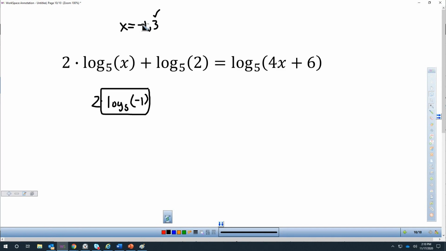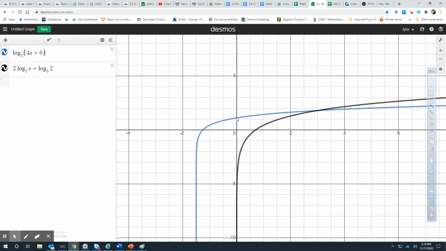So out of these two solutions, only 3 really works. So x equals 3, not negative 1. Even though we got that as an answer, when we check it, it doesn't make sense. So that brings up a point: when you're solving log equations, you should always check your work, because sometimes you'll get answers that don't make any sense. And it is possible to have two logs that, going back to our picture idea here, don't ever cross each other.